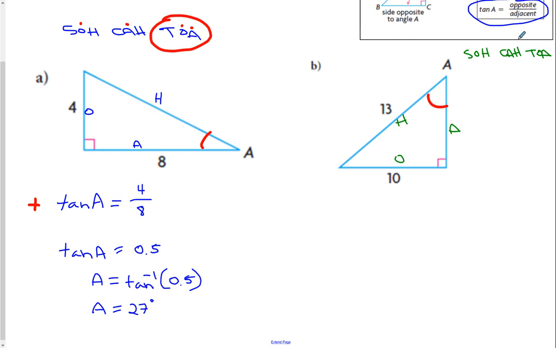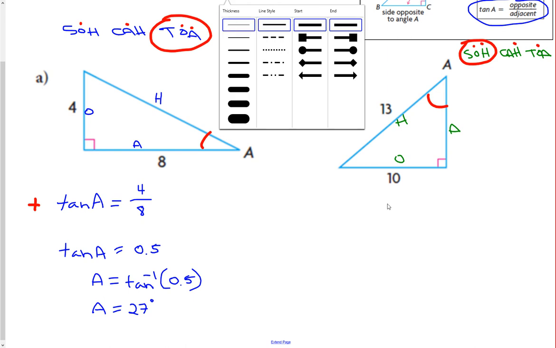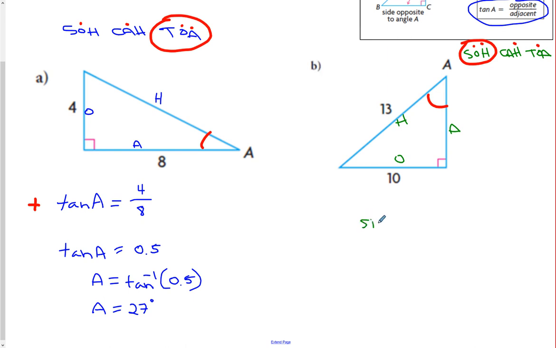I notice that my hypotenuse side is one of the ones I have, and my opposite side is also involved. So it looks like this is going to be sine. So I'll go sine of angle A is my opposite, which is 10, over my hypotenuse, which is 13.